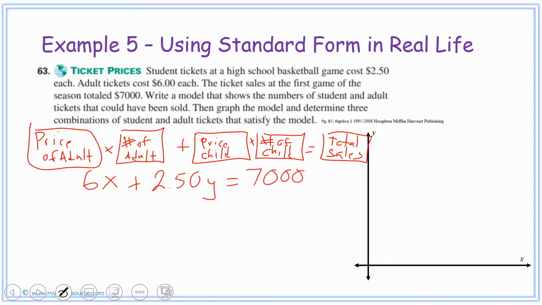Your graph might look different, but for this one, it doesn't matter which one's X and Y. So just keep in mind that if somebody else did it with their X and Y mixed up, their graph will look different, but your answers can still be found.